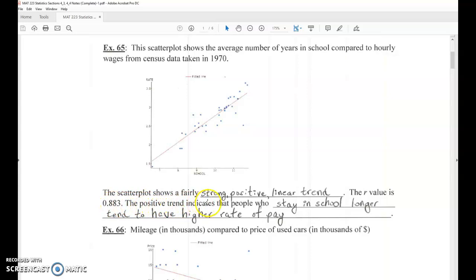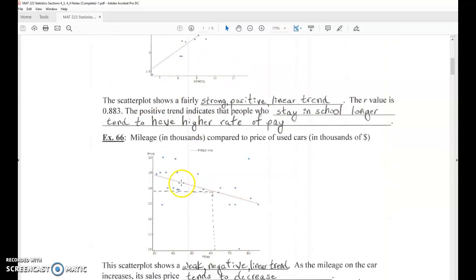The positive trend indicates that as X increases, as the number of years in school increases, people who stay in school longer tend to have higher rate of pay. Always stick those words "tend to" in, because it's not true for every data value. As X increases, Y tends to increase or decrease, in this case increase.